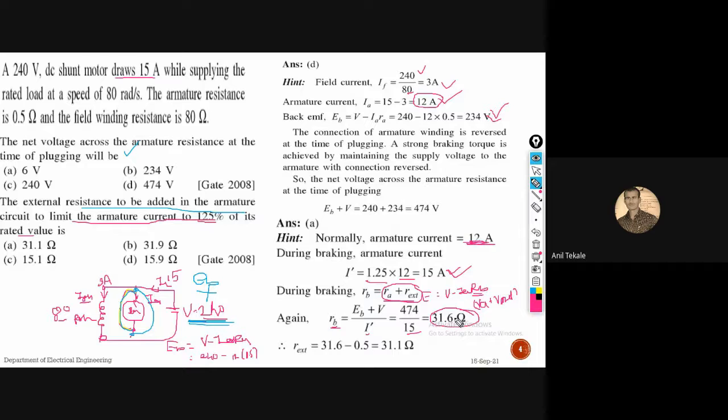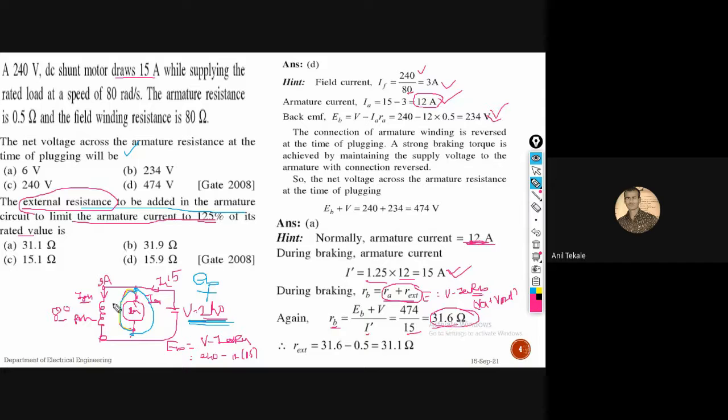But they had asked for the value of the external resistance to be inserted into the armature circuit. The value we calculated here is the braking resistance.